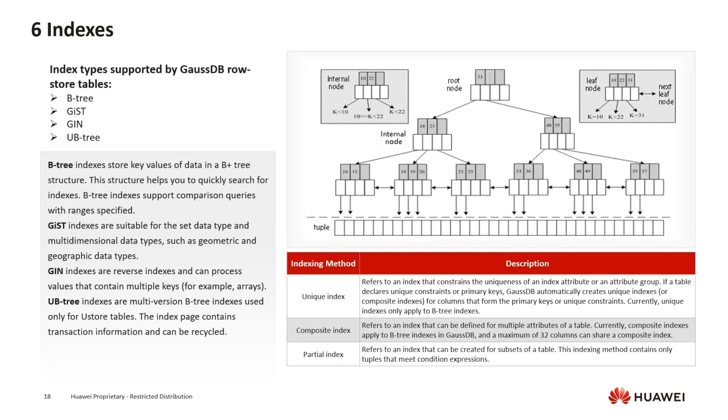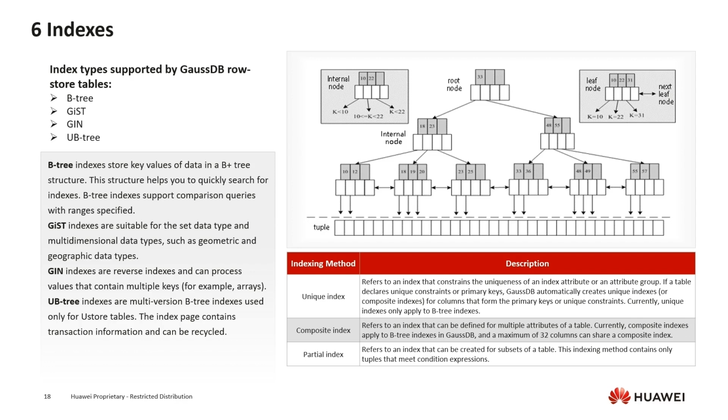Here, we mainly talk about some row store indexes. B-tree indexes use a structure that is similar to the B+ tree to store key values, facilitating index scan. B-tree index is suitable for equality queries and range queries.